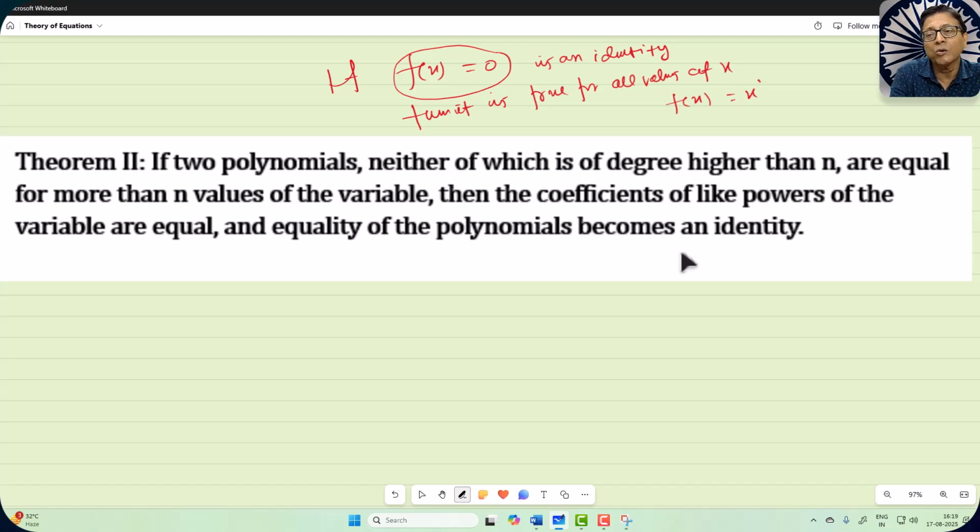Take f(x) equal to x square minus 3x plus 2, it's a polynomial, and we are writing this as (x minus 1)(x minus 2). Now you can consider, if you write x square minus 3x plus 2 equal to (x minus 1)(x minus 2), it is satisfied for any value of x. So this, x square minus 3x plus 2 equal to (x minus 1) into (x minus 2), is going to be an identity.